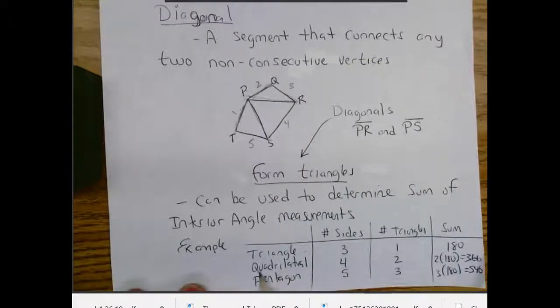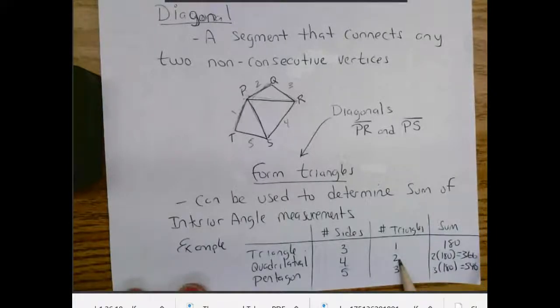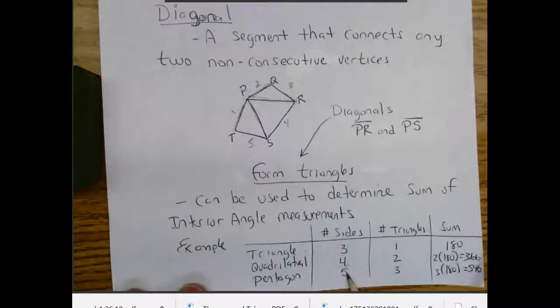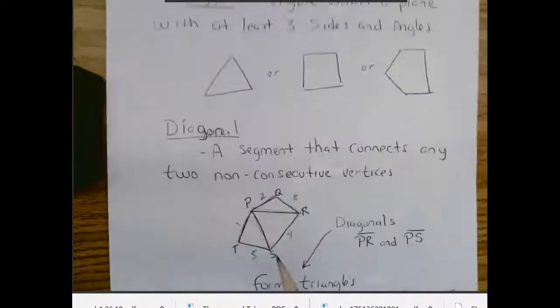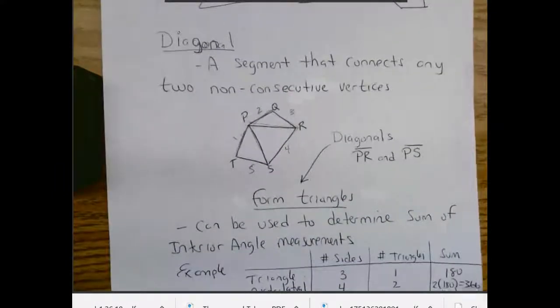If we then look at a quadrilateral, we remember that a quadrilateral has 4 sides, but we can put 1 diagonal in there, and then it would form 2 triangles. And then a pentagon, which we just looked at, has 5 sides. We could then put 2 diagonals, and form 3 triangles like we did here. 2 diagonals and 3 triangles.